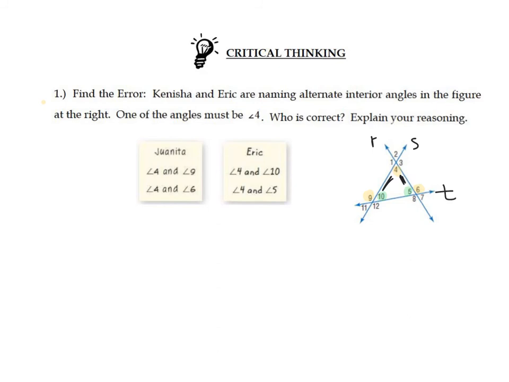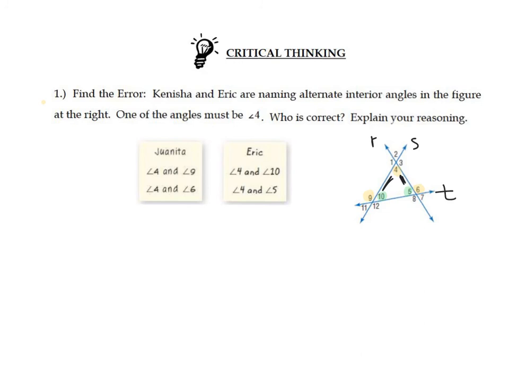So remember, alternate interior angles have to fall on opposite sides. So that means Eric is wrong because his angles are all consecutive interior. They're on the same side of the transversal and they're inside the other 2 lines.